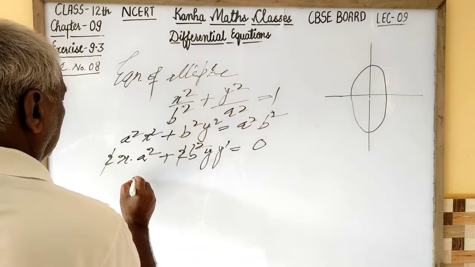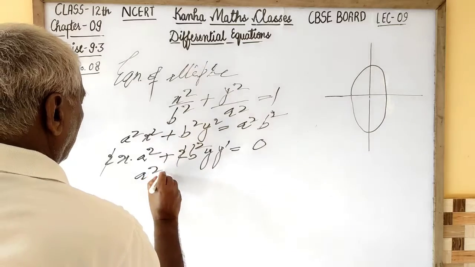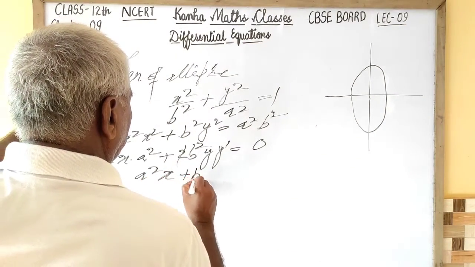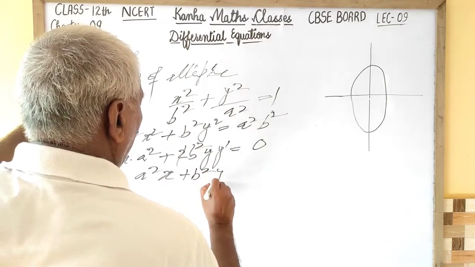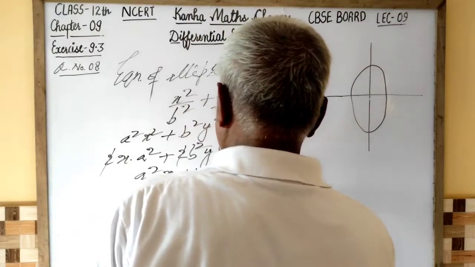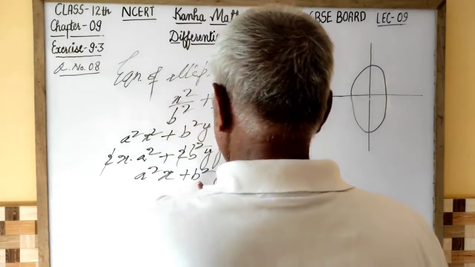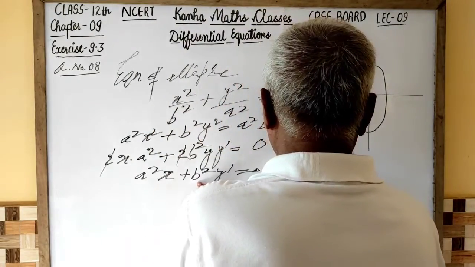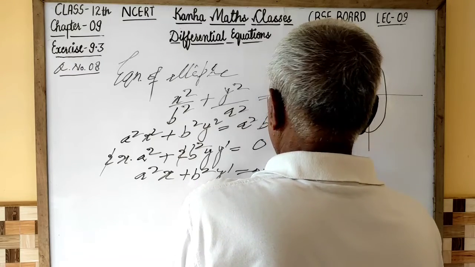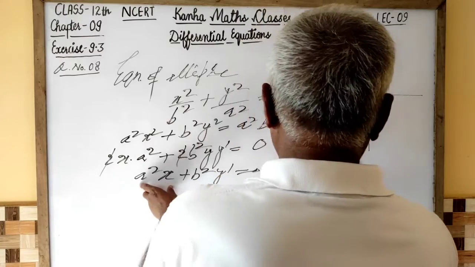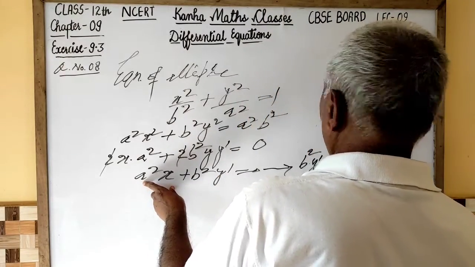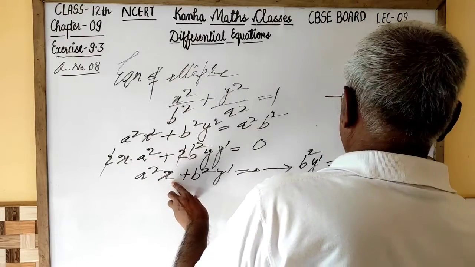This will be the equation a square x plus b square y dash is equal to 0, which may be converted into b square y dash is equal to minus a square x.